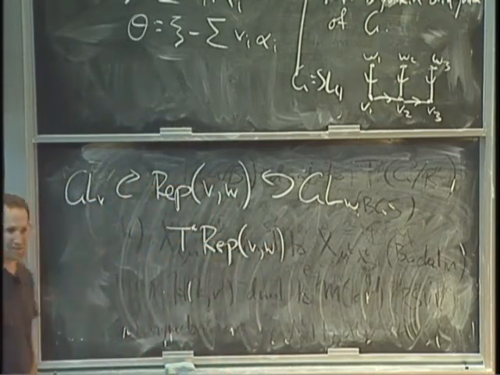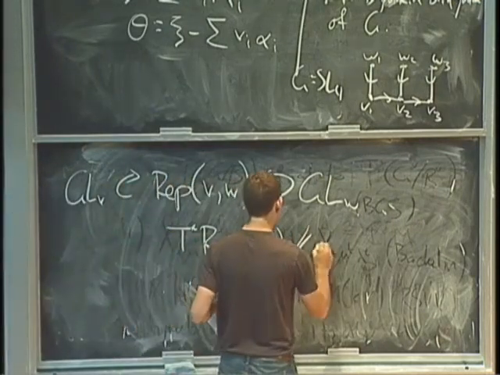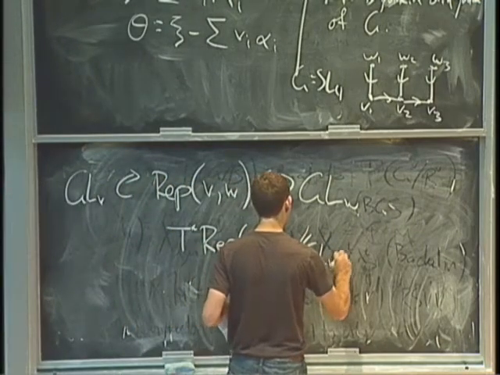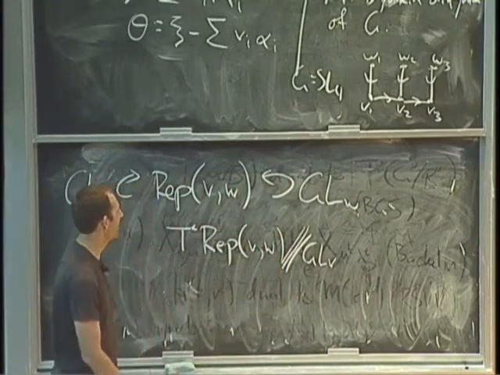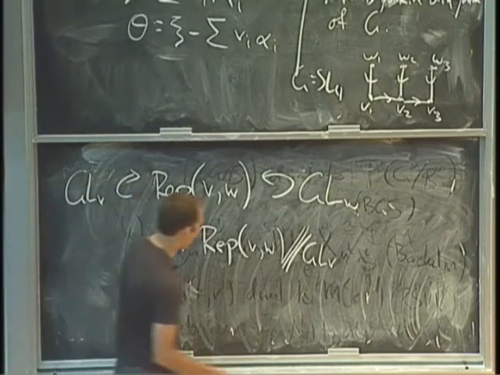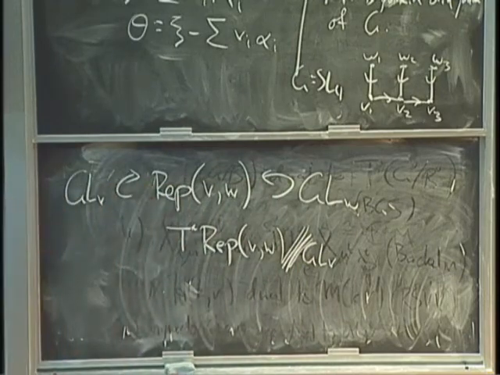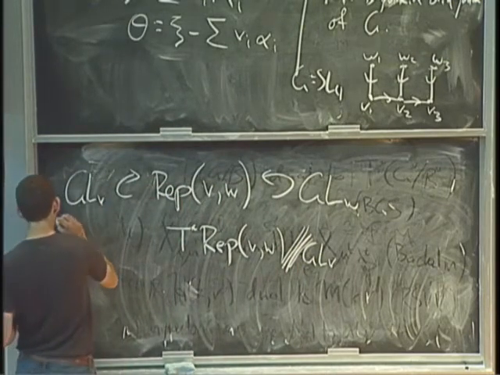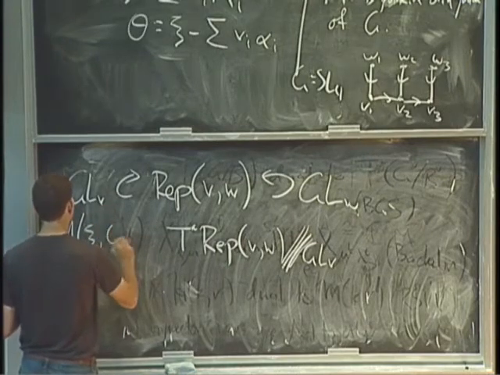Taking the cotangent bundle means doubling all the arrows. And then we mod out by the GL_V action. By mod out, I mean take the 0 level of the moment map, impose a stability condition, and then mod out by the group. I could draw 2 or 3 or 4 slashes here. Let me go all out and draw the 4. So I'm going to call this M_{xi,theta}.